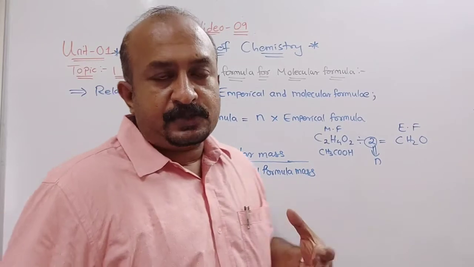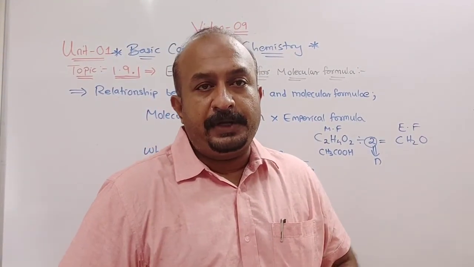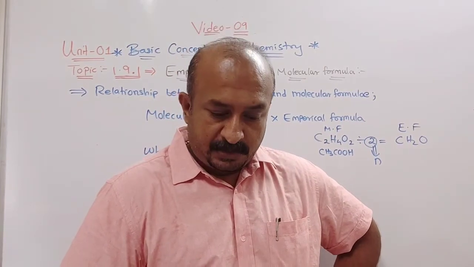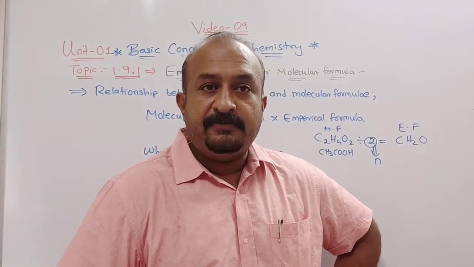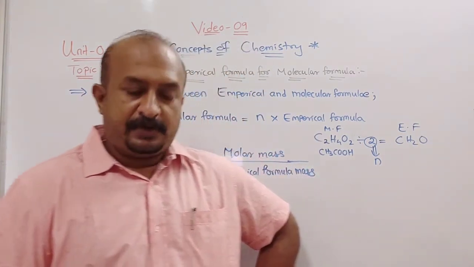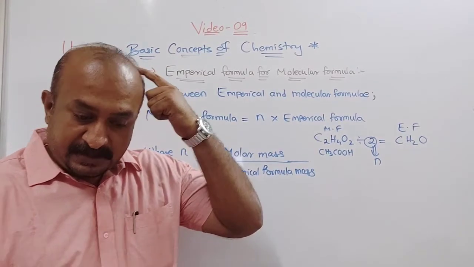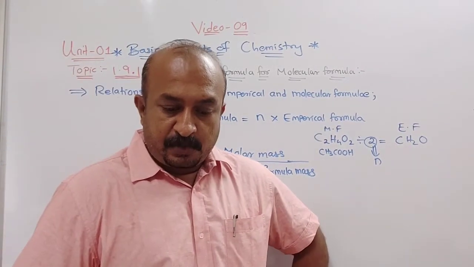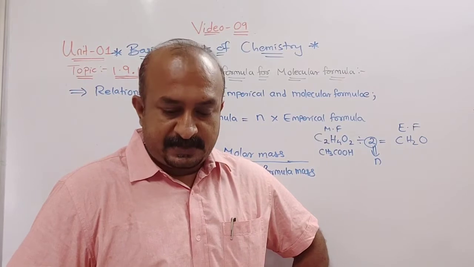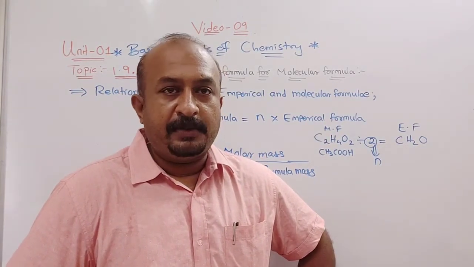Now in your textbook, one example is there. That is problem 1.2. The question is, a compound contains 4.07% hydrogen, 24.27% carbon and 71.65% chlorine. Its molar mass is 98.96, means molar mass is given. Okay, what are its empirical and molecular formula?